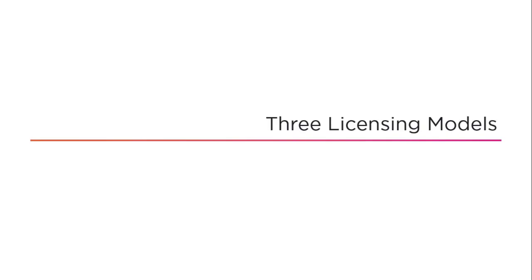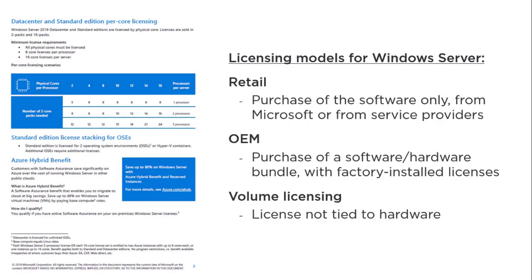There are 3 licensing models available for Windows Server 2019. One is called retail. In retail, you purchase the Windows software from Microsoft or any service provider. In this retail model, you can purchase your Windows license from any vendor of your own choice from the market.